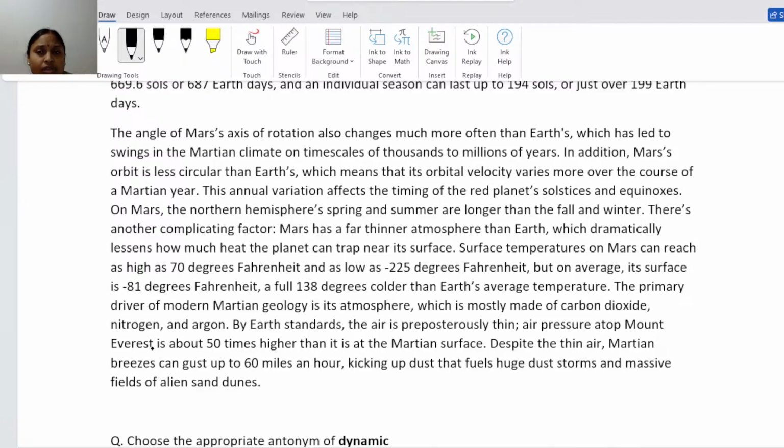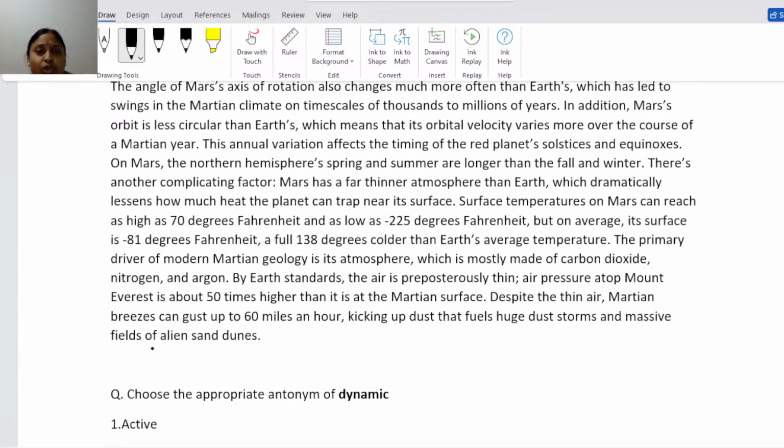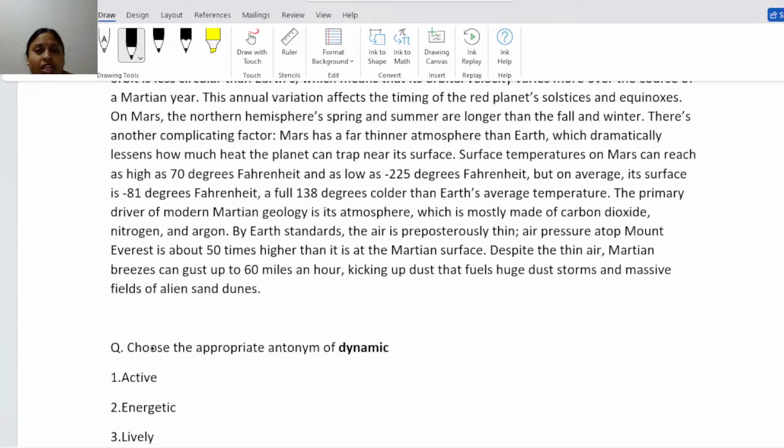In addition, Mars' orbit is less circular than Earth's, which means that its orbital velocity varies more over the course of a Martian year. This annual variation affects the timing of the red planet's solstices and equinoxes. On Mars, the northern hemisphere spring and summer are longer than the fall and winter.